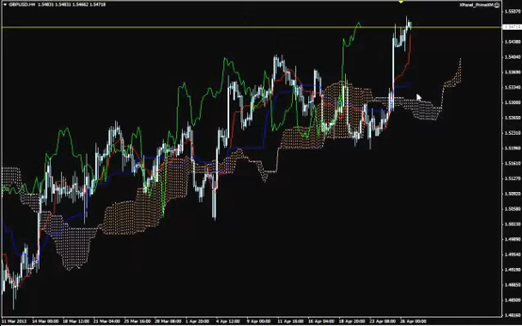We expect, because we have this formation of the cloud of the Kumo, a plateau for a while, but it is only because the bulls want to sell and take some of their profits before they push the price higher.